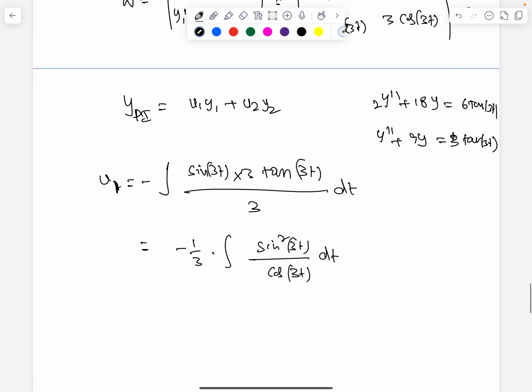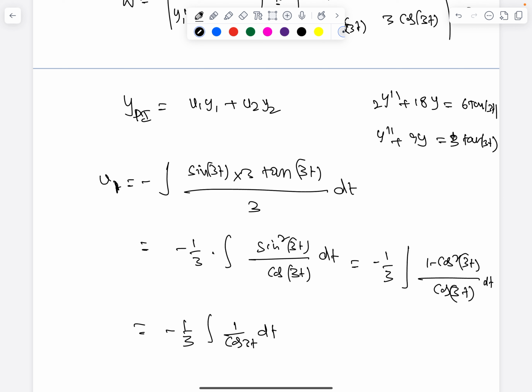Okay, so this you can further simplify as minus 1 by 3, integration of 1 minus cos square 3t divided by cos 3t dt. You can further simplify it to integration 1 by cos 3t dt plus 1 by 3 integration cos 3t dt.